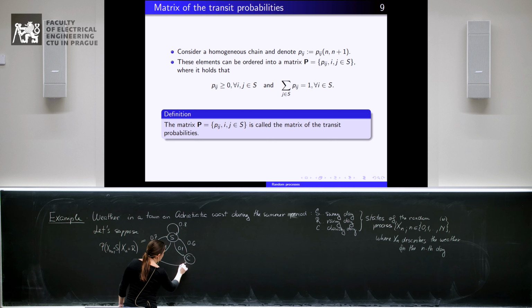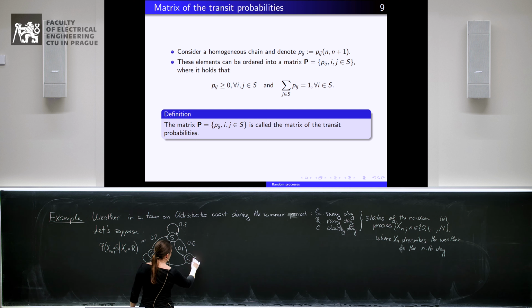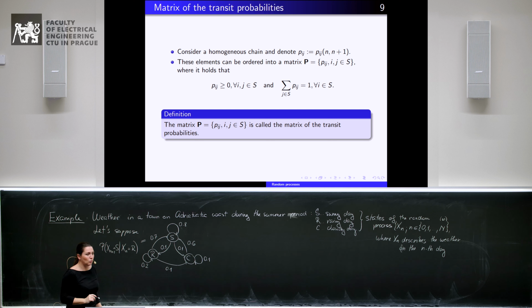So it means that with probability 0.1, it will be cloudy if it is rainy today. And if there is cloudy, it will be cloudy tomorrow with probability 0.1. And with probability 0.3, it will be rainy tomorrow.